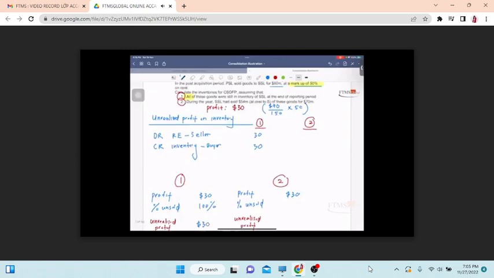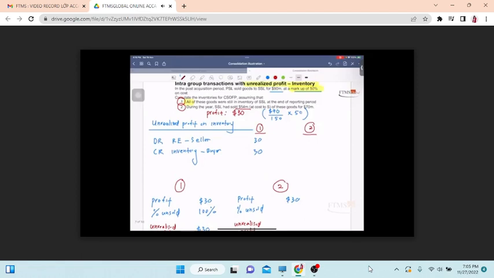Percentage unsold, you need to read the question for information. What they mentioned is during the year, S sold 54. So of course the portion that is unsold must be what? You sold 54, so if you want to calculate unsold, you just need to use 90 minus 54. That will be the portion that is unsold.